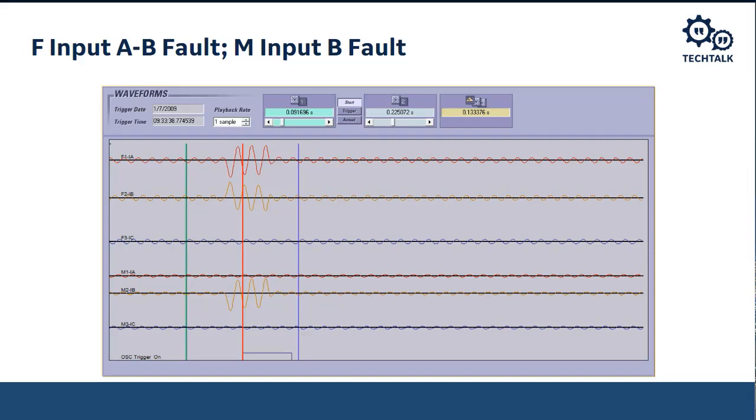Now, there's a lot going on here that we just talked about. The first thing that's going on is that the transformer is blocking zero sequence quantities. The only way it can block the zero sequence quantities is to have A and B phase quantities to produce the fault current that we see on the single B phase.